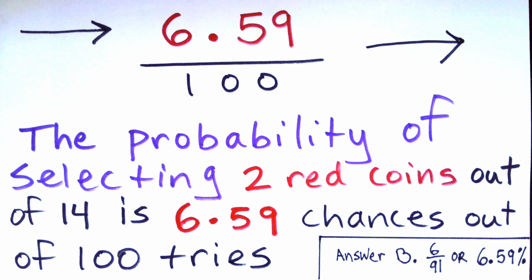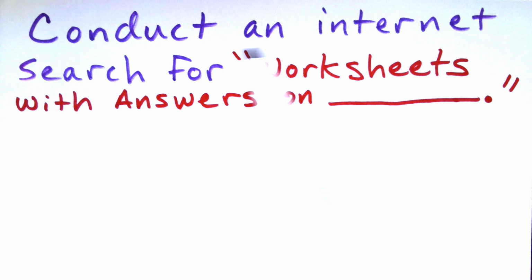Stick around. I got some helpful word searches that will help you in finding worksheets with answers to help practice your new skills or to refine the skills if they are old. All right. Conduct an internet search for worksheets with answers on the following. Yes, you want answers.